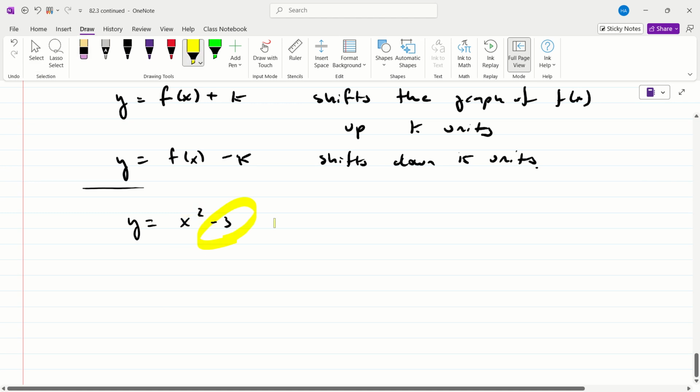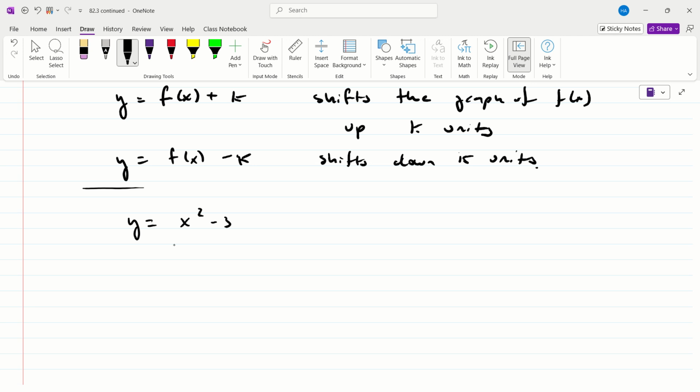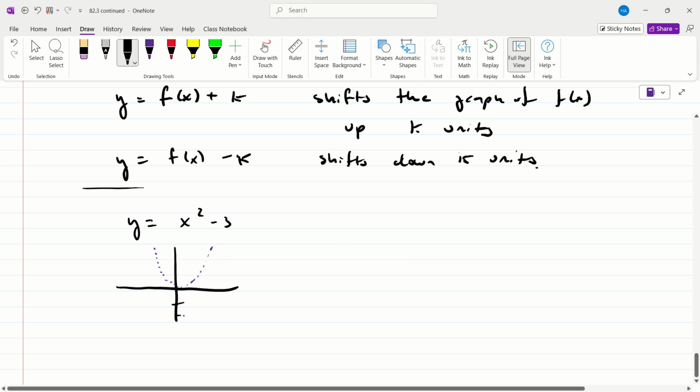When you subtract 3 from it, you're going to take that base model function of x squared and shift that graph down 3 units. So your new graph is going to be down here like so.